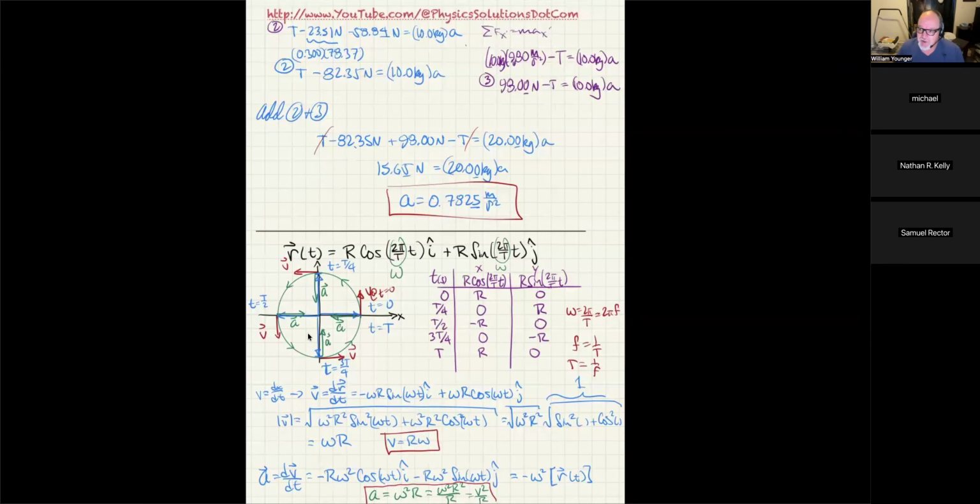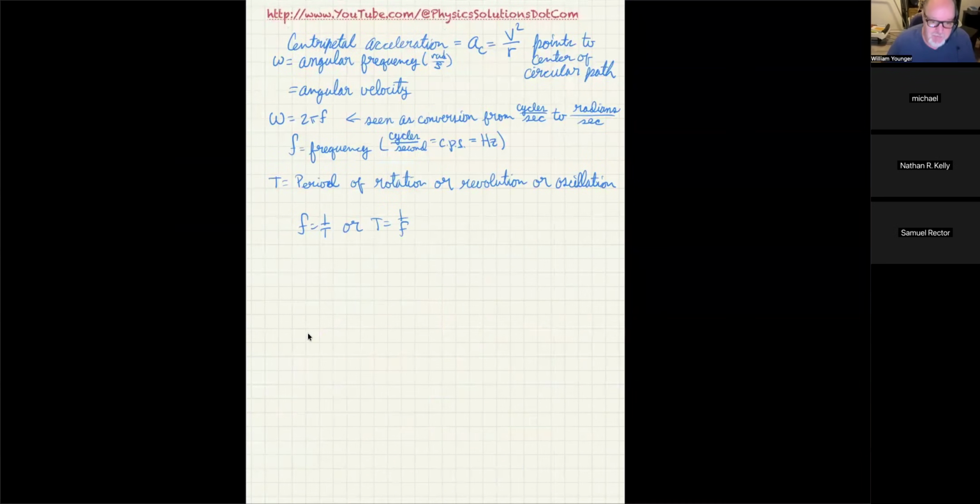So the r times omega gives you the velocity in meters per second, where omega would be in radians per second and r is in meters. And similarly, you even have a formula for the acceleration. Another result of that, by the way, could have been a equals r times omega. That would have been another result as well that we'll learn later. But either way, that is a derivation.